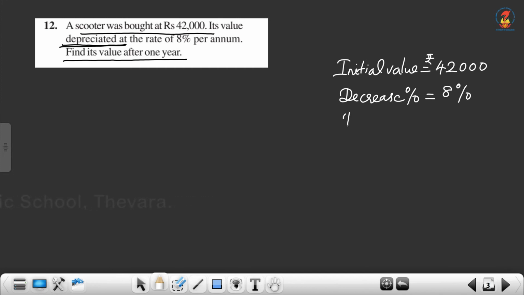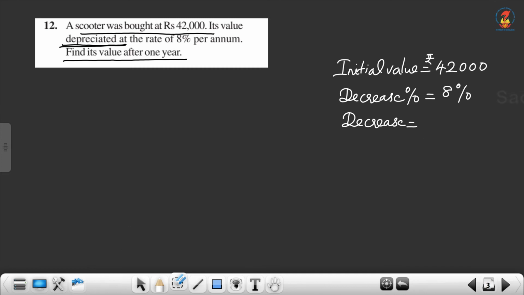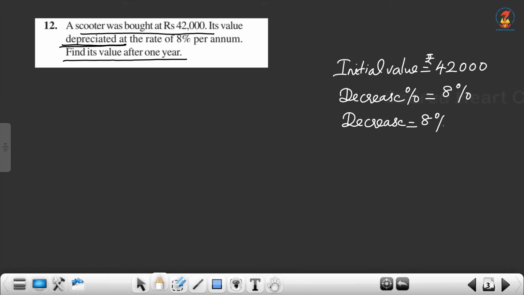So what can we find out? We can find out the decrease. What is that amount? That is 8% of 42,000, that is 8 by 100 into 42,000.